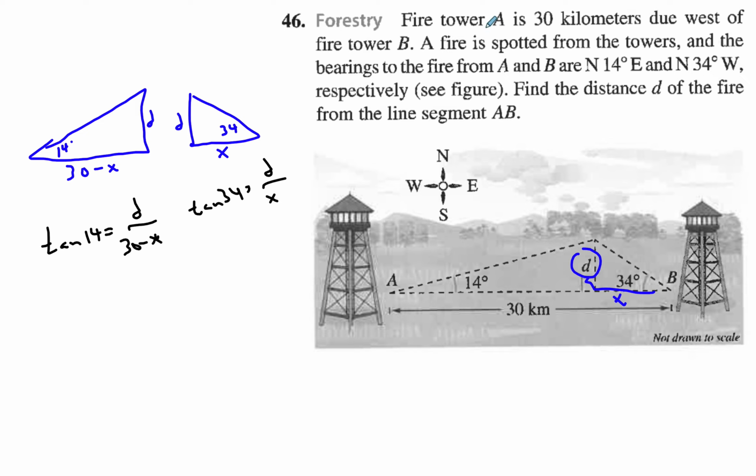So we want to find the distance D. So I want to leave D alone. So I'm going to figure out which one I can easily solve for x, which is going to be this one, rewrite it in terms of x, which means I multiply by x and divide. So I know x is equal to D over the tangent of 34, right?